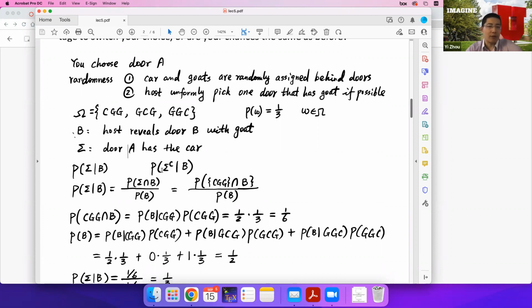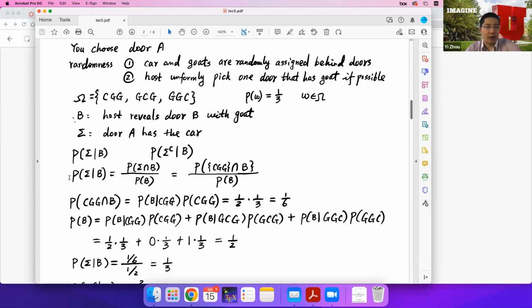And the complementary event is the case where the car is behind door C. So we need to make a choice between A and C. And last time we showed that to calculate this one, we just follow the conditional probability rule. We can write it in this way. And this is the joint event between sigma and B.